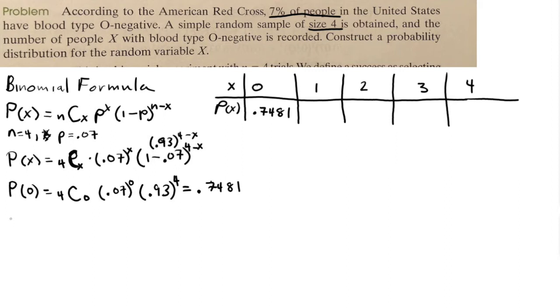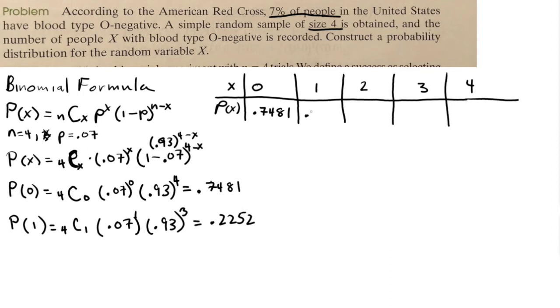All we need to do to fill out the probability distribution is to calculate each one of these. For C1, 0.07 to the 1, 0.93 to the 4 minus 1, so that's 3. And when we do that we get 0.2252.